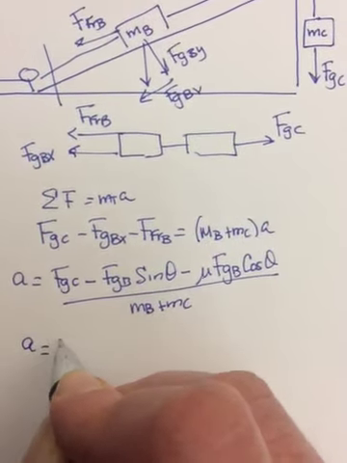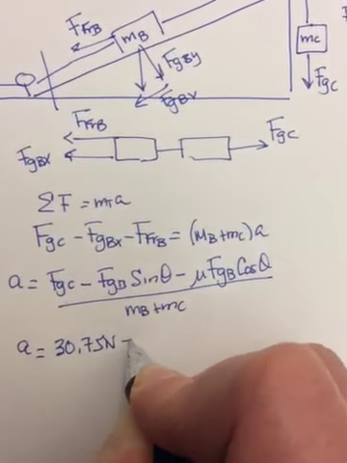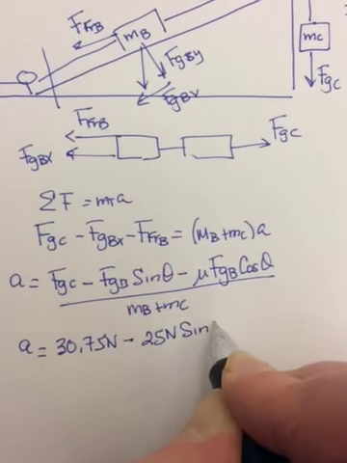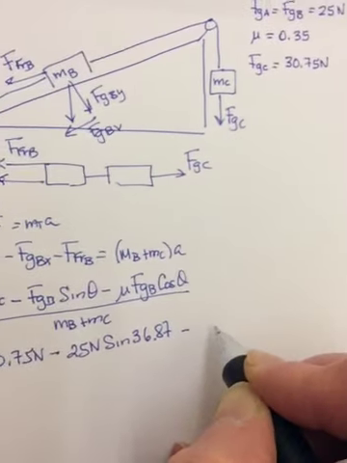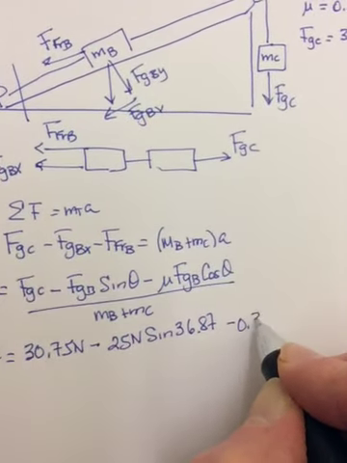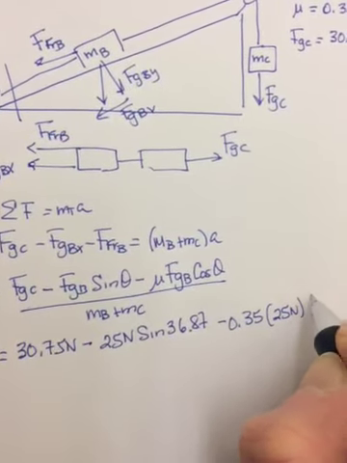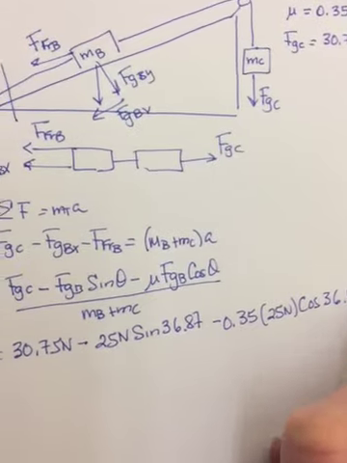So A should equal 30.75 newtons minus 25 newtons sine of 36.87 minus 0.35 times 25 newtons times the cos of 36.87.